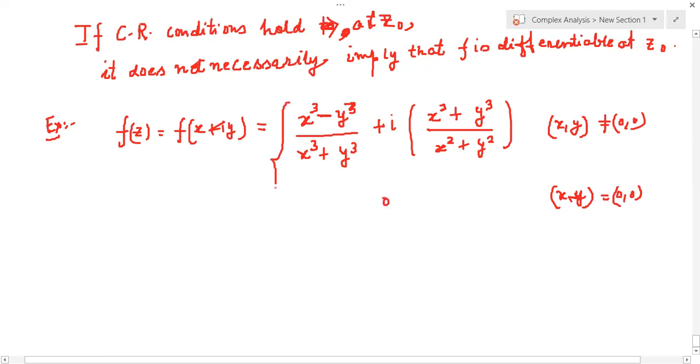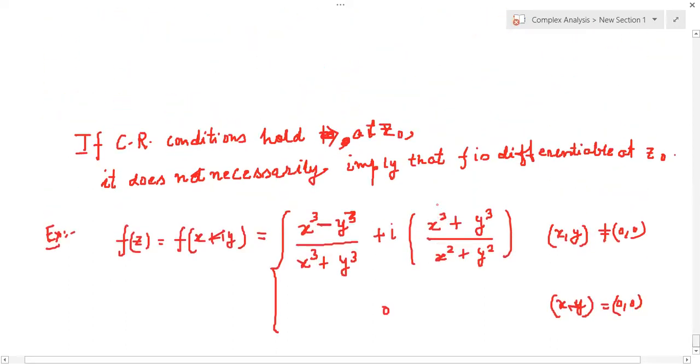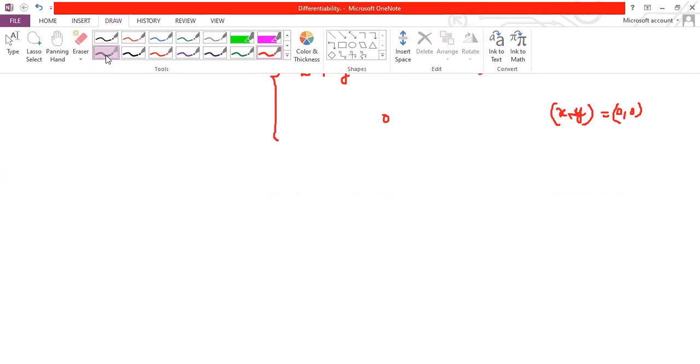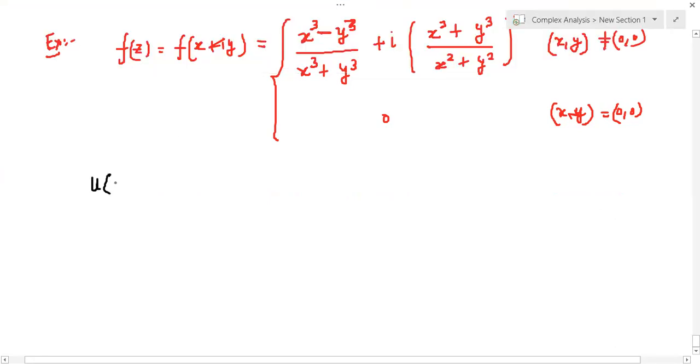So if this is your f of z, and if somebody asks how the Cauchy Riemann conditions would be, let us first try to find them. You know already that here u of x, y is simply x cube minus y cube. Let us find the Cauchy Riemann conditions specifically at a point, otherwise it will become a big problem.